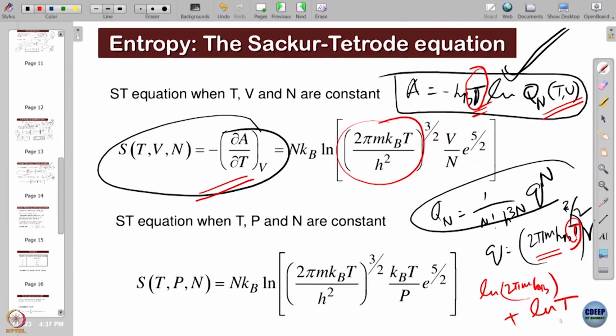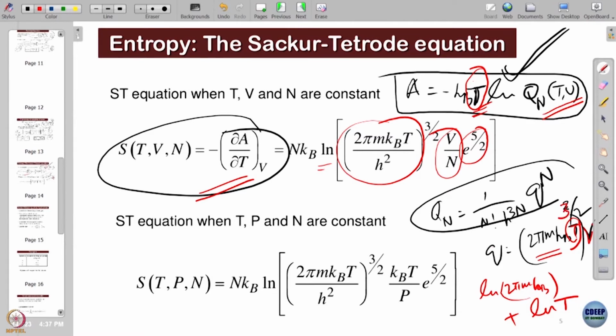So this temperature part is ln q, the ln is here and q is here, 2 pi m kBT, and that is the volume V. This volume V is here, V by n, and so everything remains the same except the 3 by 2 becomes 5 by 2, because one extra term comes in. 3 by 2 n comes, because this derivative, this 3 by 2, comes out.